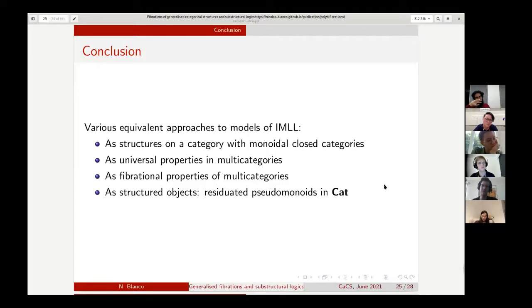And there is another one that I didn't really discuss, which is as structure object. It is known that pseudo-monoids in Cat are equivalent to monoidal categories. If we take residuated pseudo-monoids, we get monoidal closed categories. So this is another approach to this kind of model, by saying that they are interpreted as a residuated pseudo-monoid in Cat.